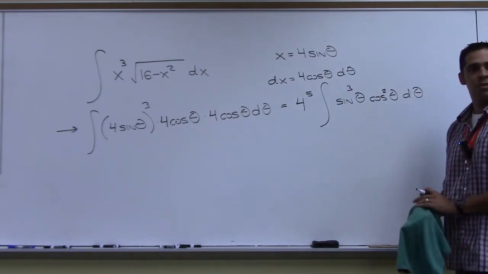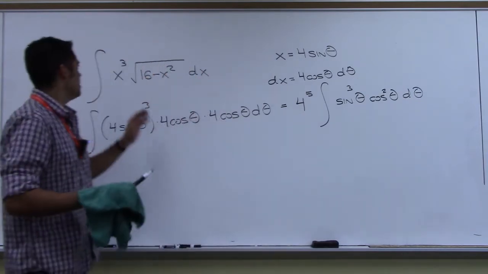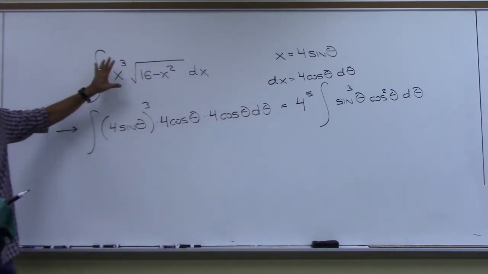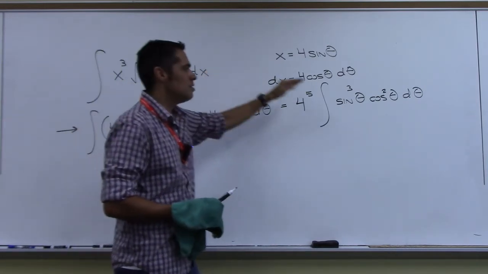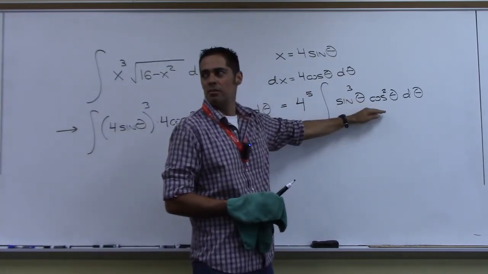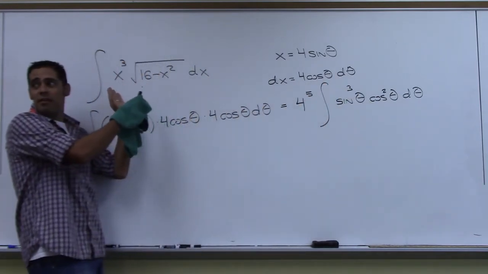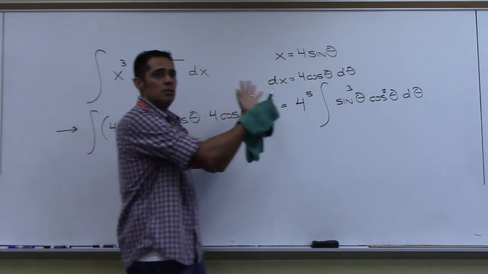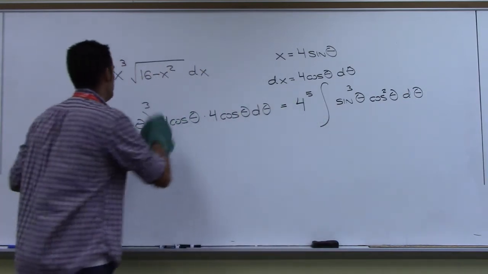You all understand how this works? This is the power of trig substitution, is that when you have an integral that is really nasty, you make this substitution that you think is going to be even worse, and it turns it into something that we can actually handle. Now remember though, our variable here is x, right? What variable are we in now? We're in theta now, so eventually we have to get back to x, don't we? Okay.